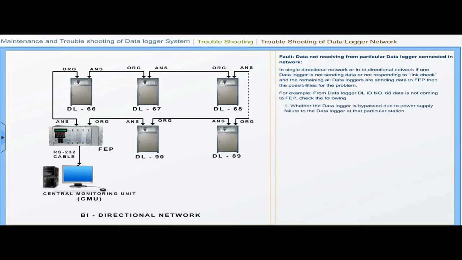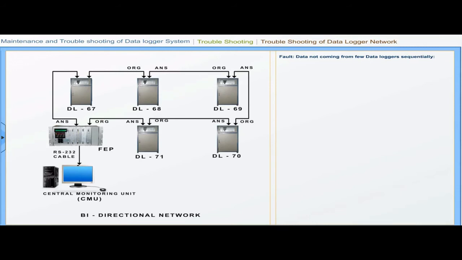Whether the data logger is bypassed due to power supply failure at that particular station. Check if the data logger is bypassed due to hanging of the processor. Check if the OFC channel is bypassed due to some failures.